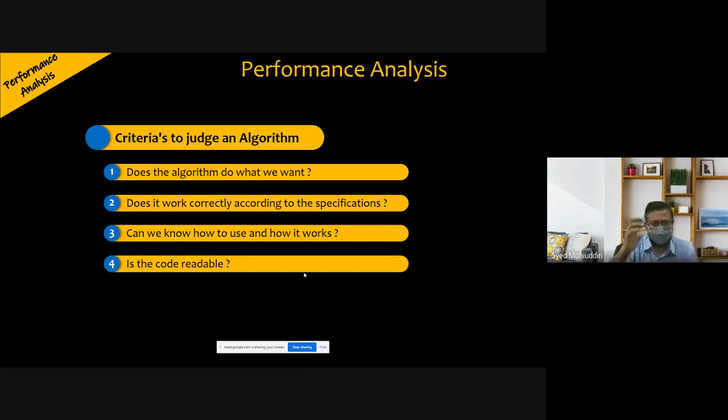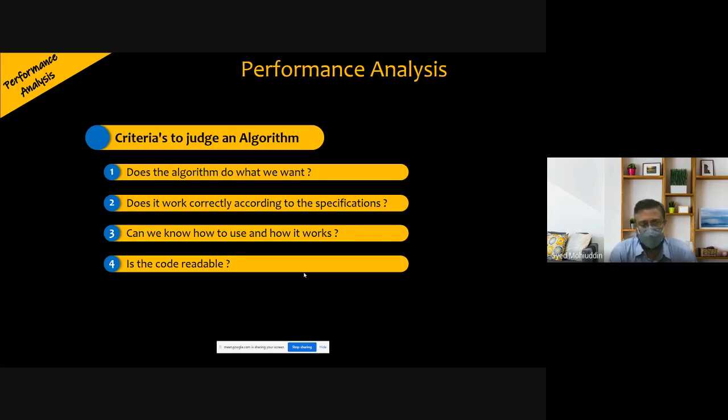Now, these four criteria are well and good when software is developed, when a program is written, or when an algorithm is devised. But in this subject, we are not concerned with these criteria.